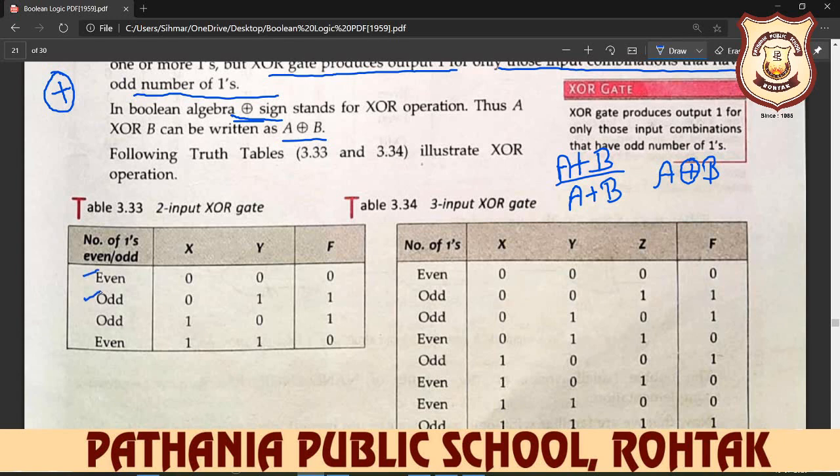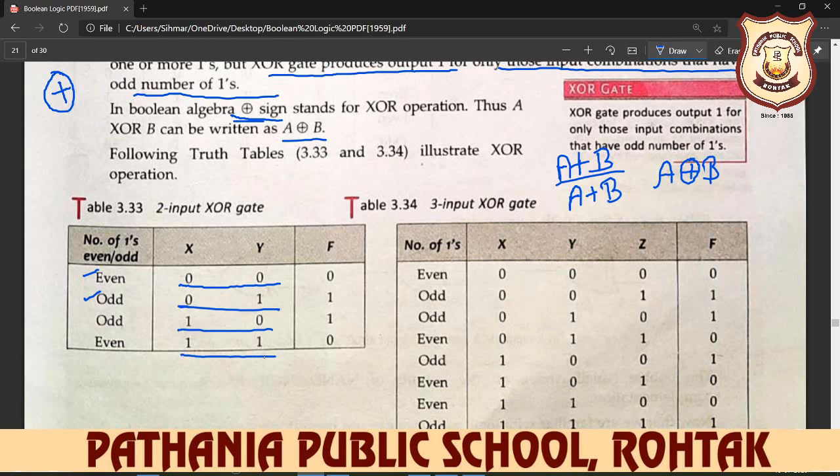Okay, 0, 0, both are 0, which means even. 1, 0 is odd. Again 1, 0 is odd, and 1, 1 is your even.